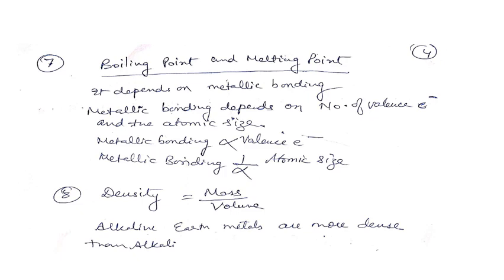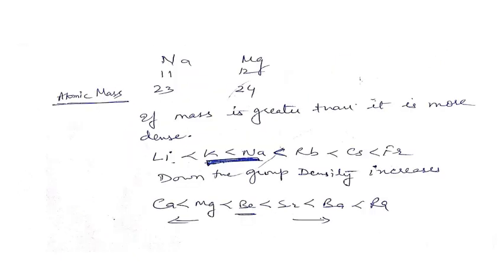The next property is density. Density is equal to mass upon volume. Alkaline earth metals are denser than alkali metals. Why? Sodium is an alkali metal and magnesium is an alkaline earth metal. Sodium has atomic number 11 and magnesium has atomic number 12.